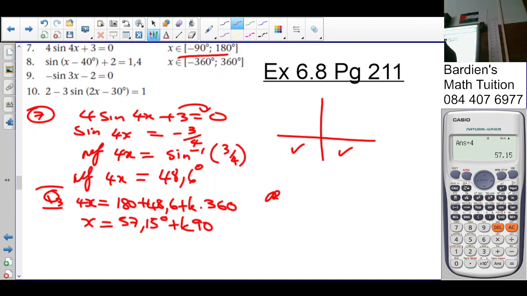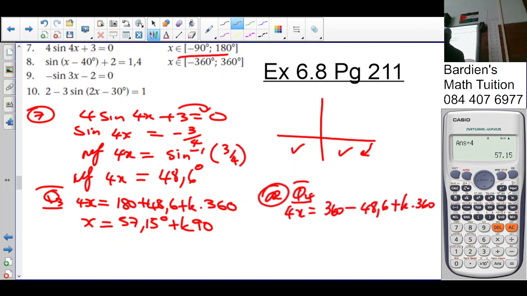Or in quadrant 4, it's simply going to be 4x is equal to, how do you get in quadrant 4? 360 minus 48,6 plus k times 360. So that again becomes 360 minus 48,6 divided by 4.